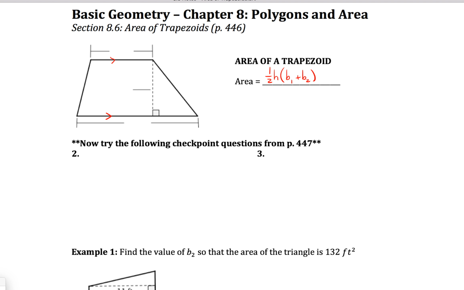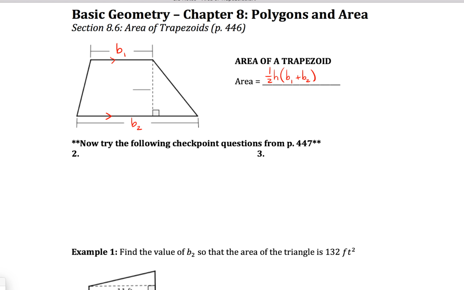The short one doesn't have to be b1, or the long one doesn't have to be b2 or anything like that. It's just to indicate that these are two separate things in our picture. So I'll label this one as B1 and this one as B2. So if I was given the measurement of these two bases, I would add those together as I'm calculating the area of the trapezoid. And that leaves the height.